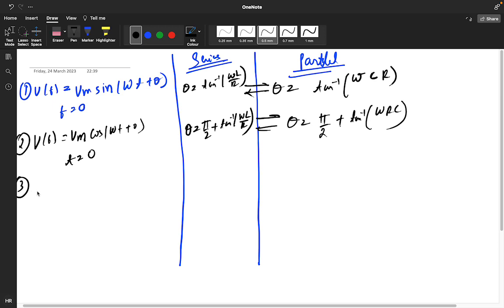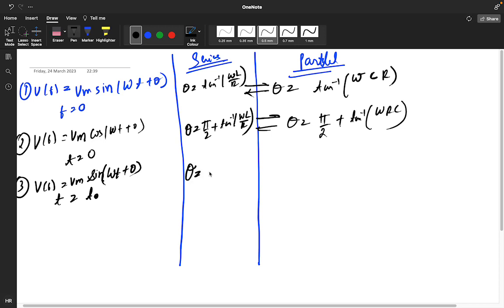The third case is when V of t is Vm sine(omega t plus theta), but the switching time is at t equals t naught. So what theta will you get in this case?